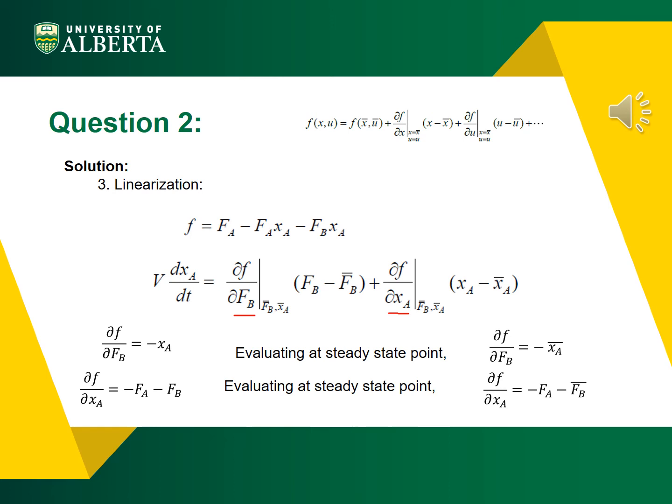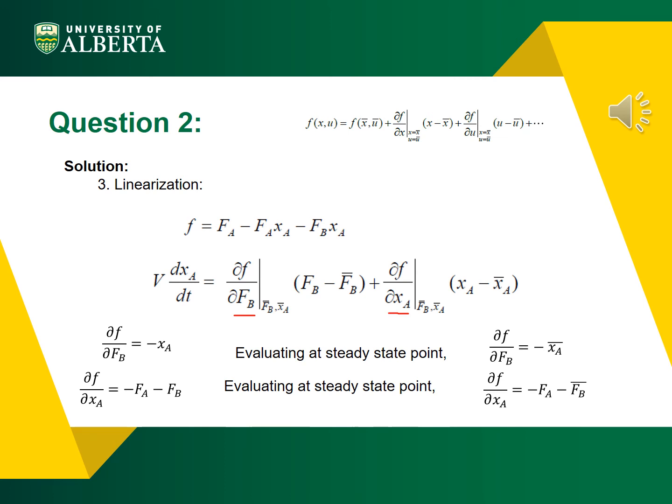Similarly, for the second term, dou f by dou XA, what we would get is minus FA minus FB. And evaluating that around the steady state point XA bar comma FB bar, we get dou f by dou XA is equal to minus FA minus FB bar.